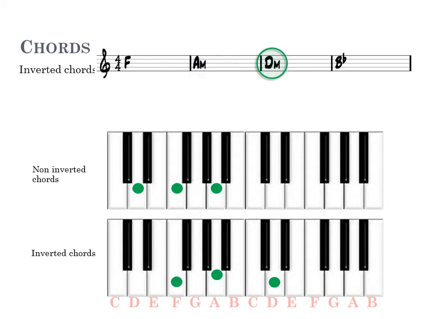And this is where we are now. If we would have just a D minor and we have the inverted and non-inverted, and we're doing the last chord now, the B flat, and from D minor to B flat, this is what it would look like.